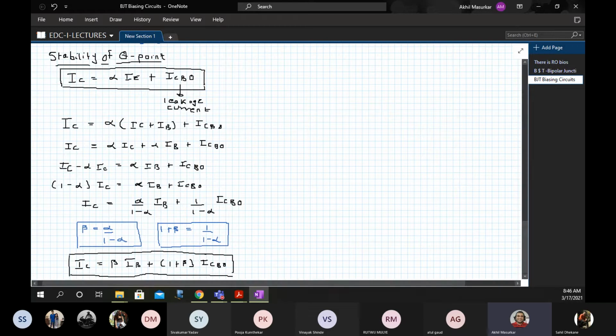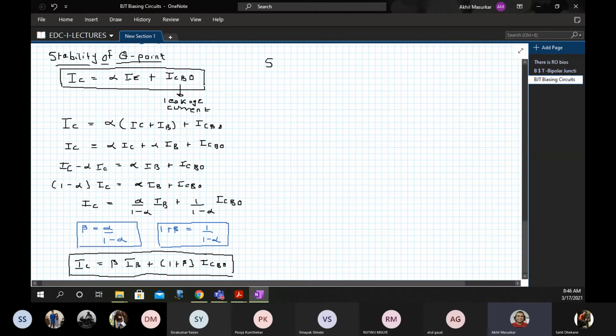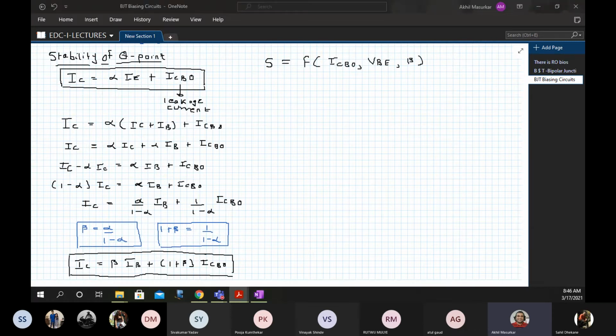Now, which are the network parameters to which the system is sensitive? We define a stability factor S, which is a function of three parameters: ICBO, VBE, and the third one is beta.